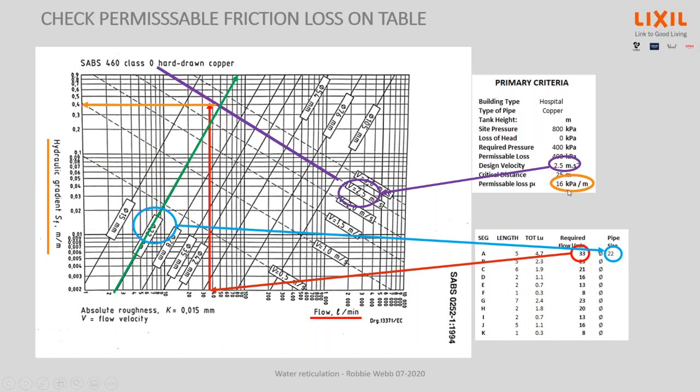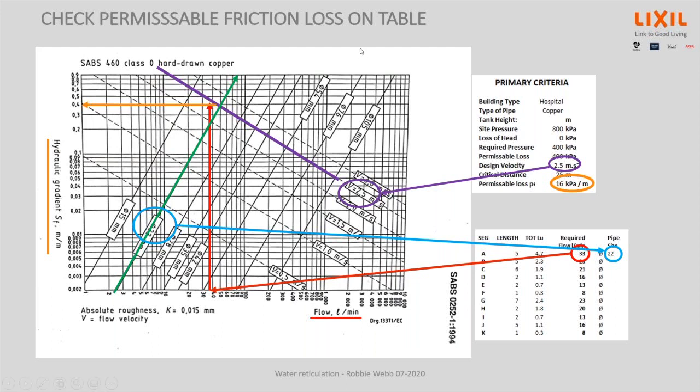It's 10. Okay, so we're allowed to lose 16. If we go across from that point, we're going to lose 0.4 meters per meter, or if you want to think in kPa, we're going to lose 4 kPa per meter. Okay, it's much less than we're allowed, so we're good to go. So we've now matched both the friction and the velocity requirements.